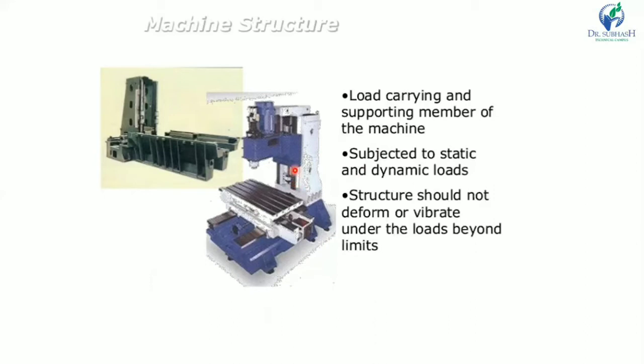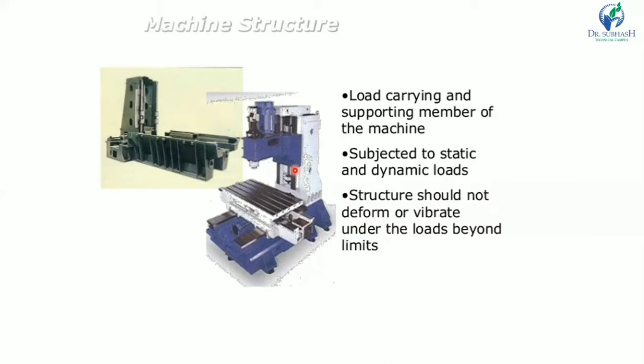The higher cutting speeds and feeds in CNC machines result in rapid acceleration and deceleration of the slides, and the machines are subjected to fluctuating and variable forces during machining operations. The machine structure should not bend due to the heavy cutting forces.